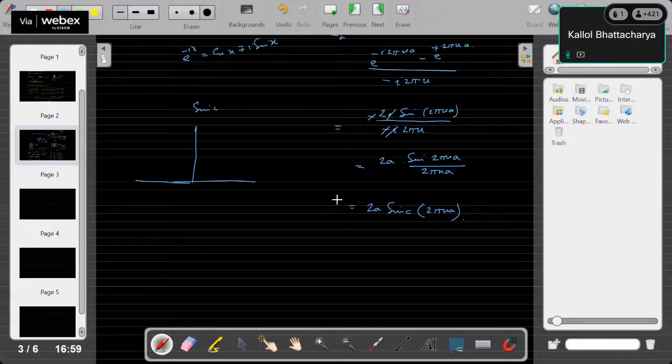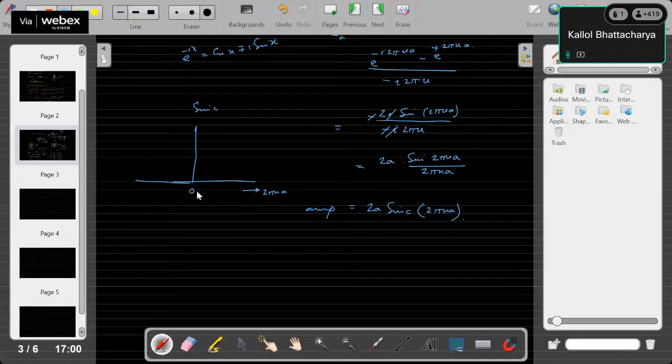To get the intensity, you have to take the square modulus of this. So this is the amplitude. Suppose we are plotting this with respect to twice pi u a.